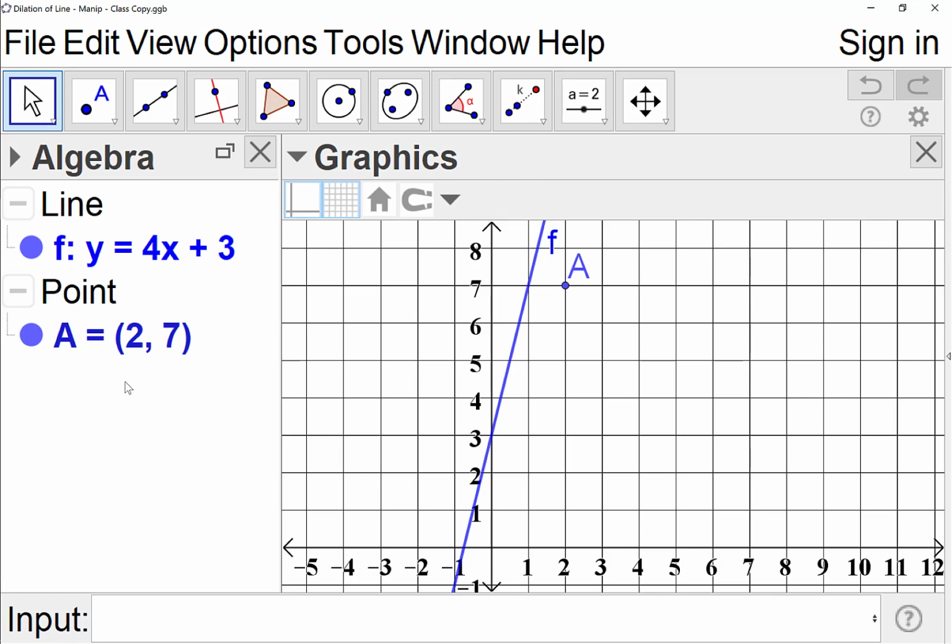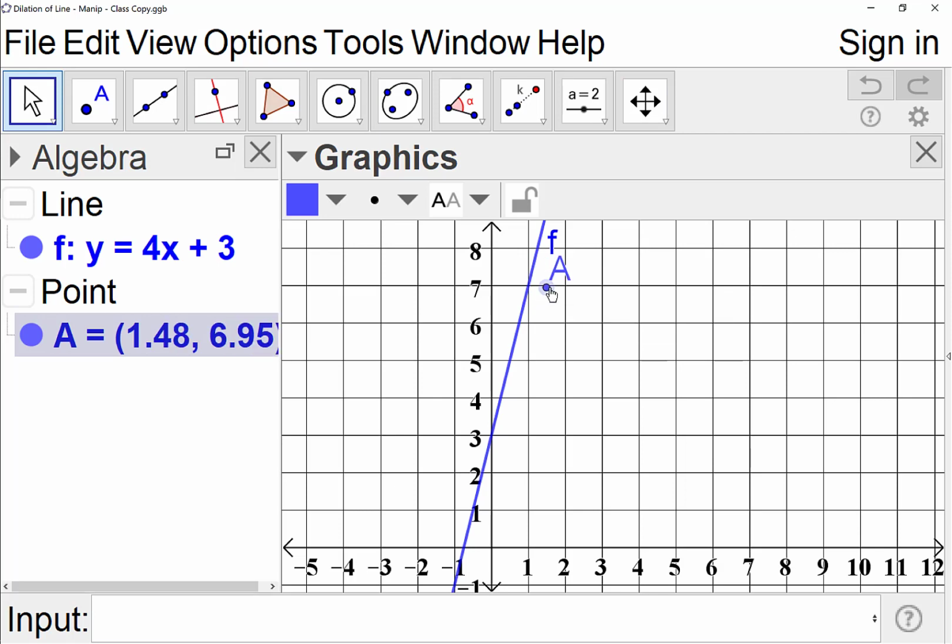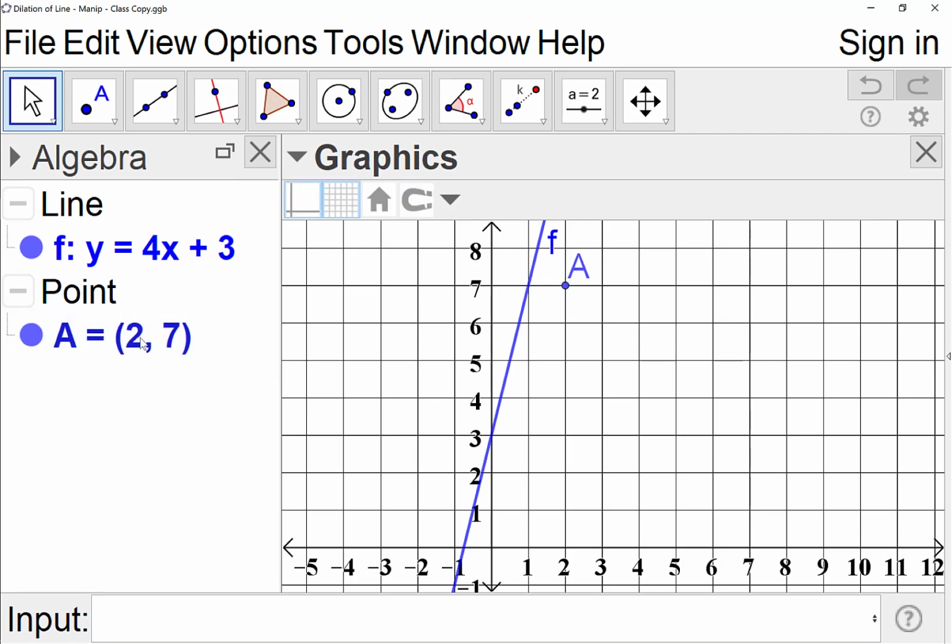In number 4, they want 1. If I do 1 comma 7, the point is now on the line. That's our center of dilation. So I'm going to put it there for now, and I'm going to do the problem pretending it was there.